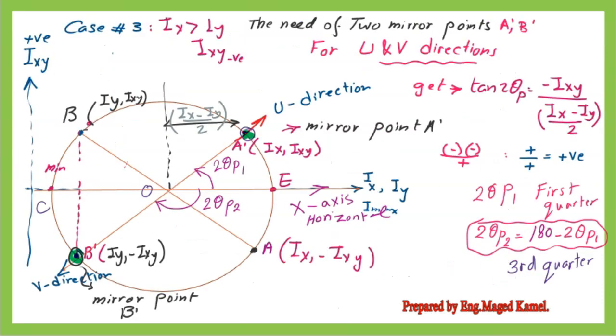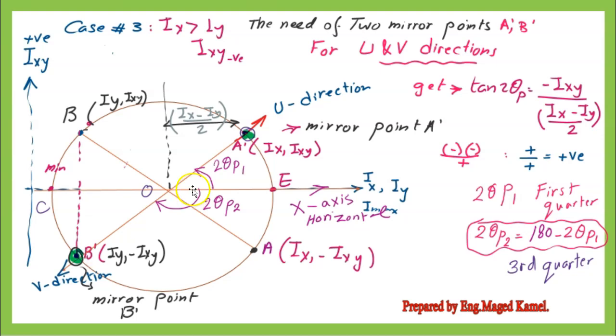In the next slide, we create a mirror point A dash with a coordinate of Ix, plus Ixy, and also create another mirror point B dash with a coordinate of Iy, minus Ixy. Why do we need points A dash and B dash?